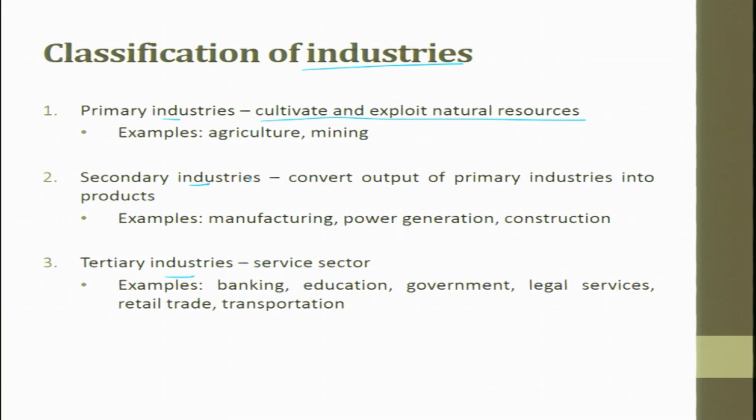The secondary industries are manufacturing, power generation and construction industries, wherein the output of the primary is converted into a useful product. Tertiary industries are those which are predominantly focused on the service sector. So, you have to identify which industry you fall in, and accordingly you have to look forward to automation. In the service industry you have banking, education, government, legal service, retail trades and transportation.